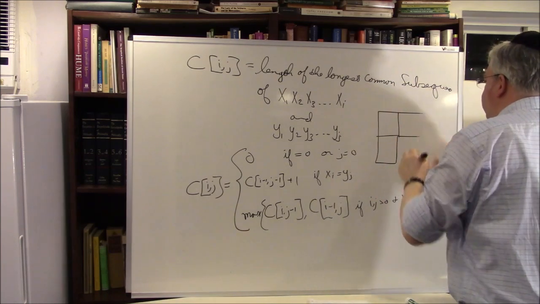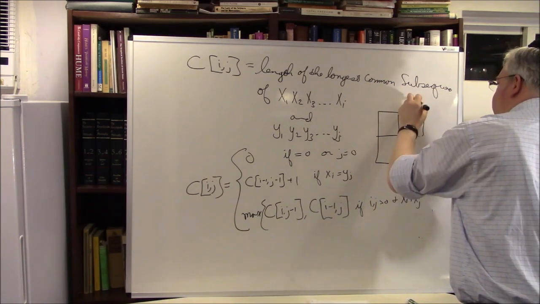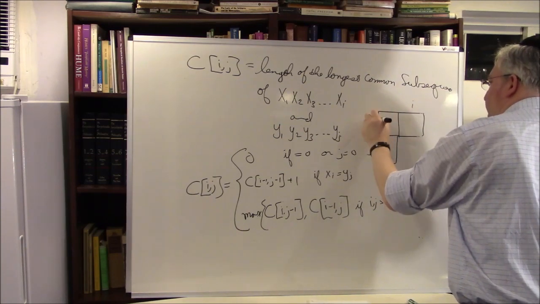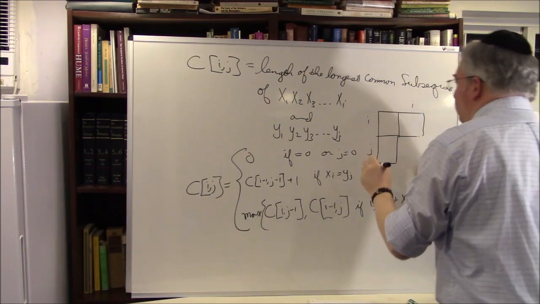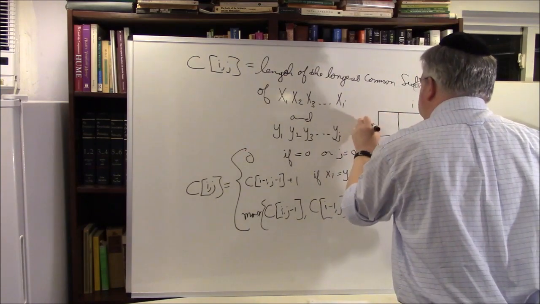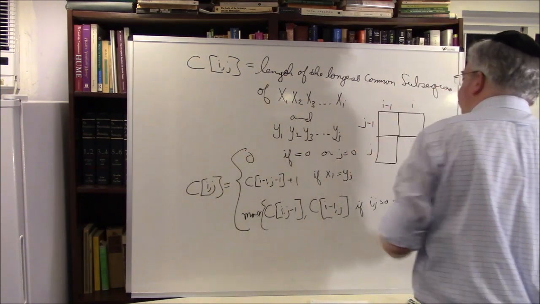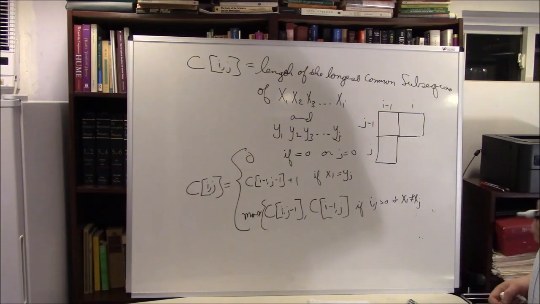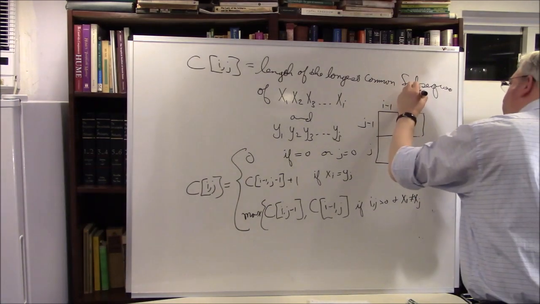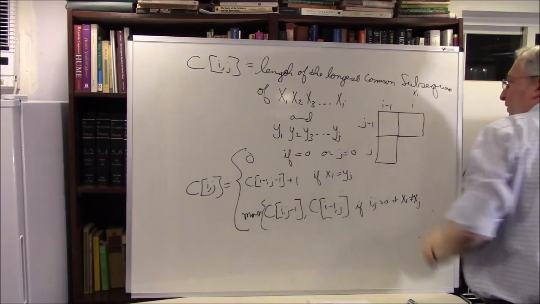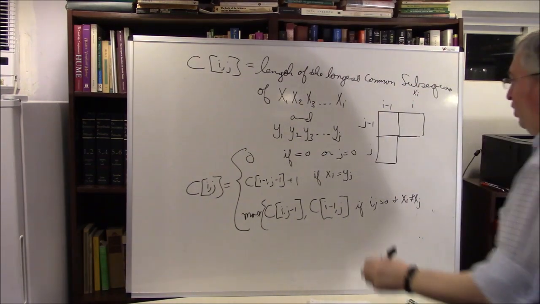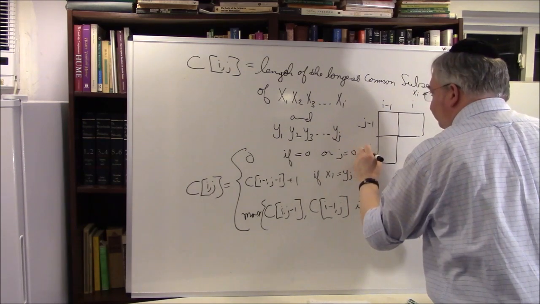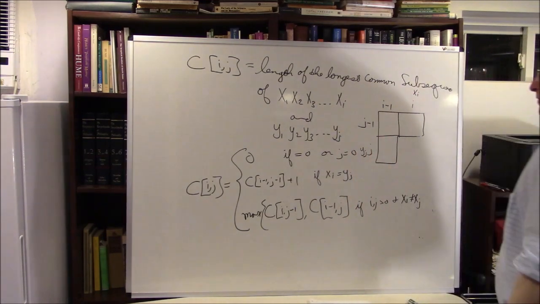This is a part of the C matrix. This is the i, this is the j, this is i minus 1, oh shoot, j minus 1. The idea is as follows. Question: what is the x_i-th letter, what is the y_j-th letter?